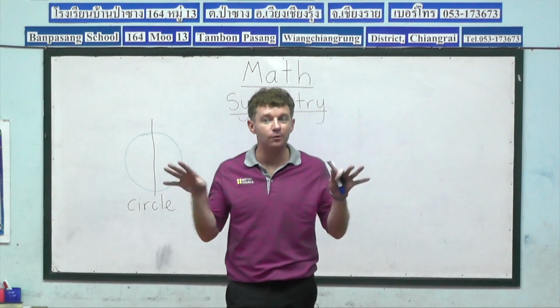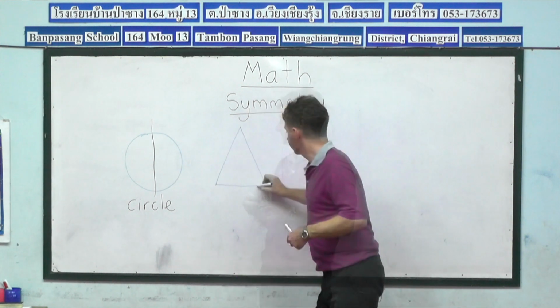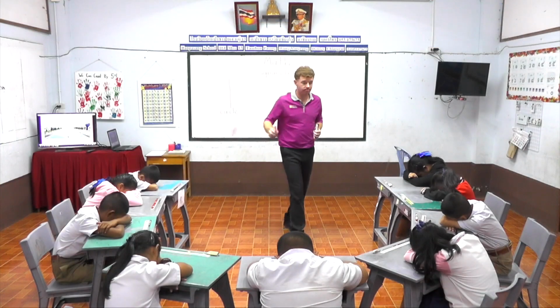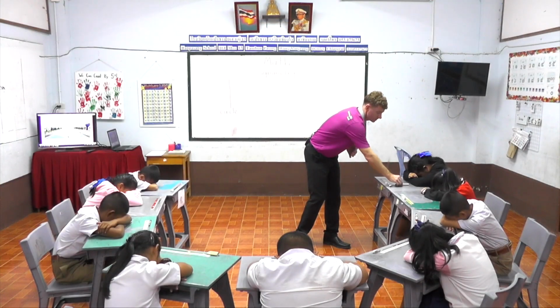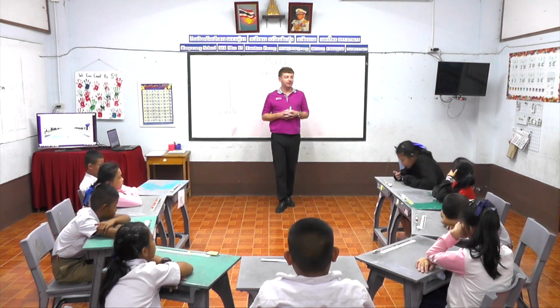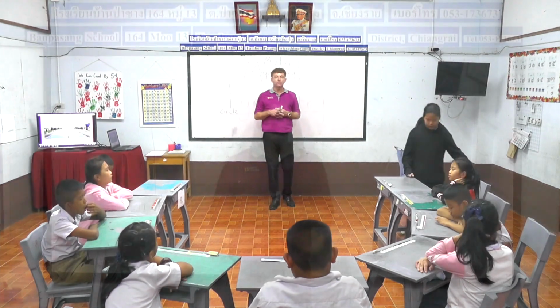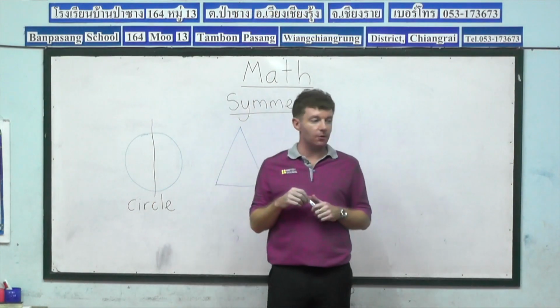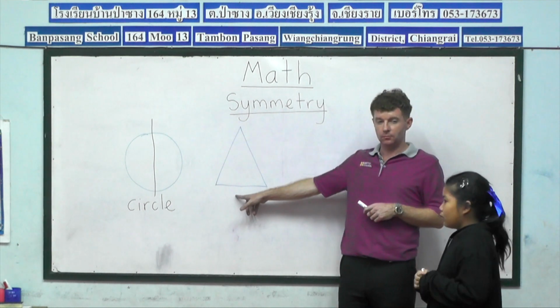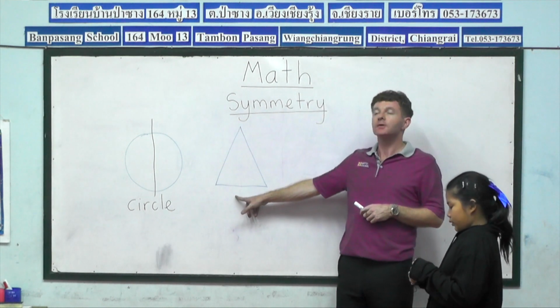Okay? So guys, I want you to demonstrate for me now. First of all, close your eyes. Okay, open your eyes now, guys. And Lakgao has the pen. First of all, we need to decide what shape I've drawn. What shape is this? Triangle.